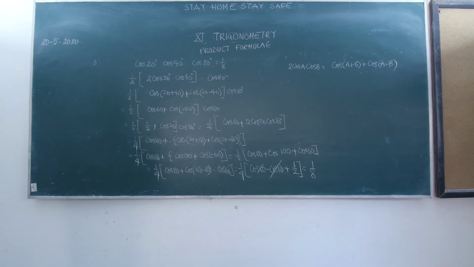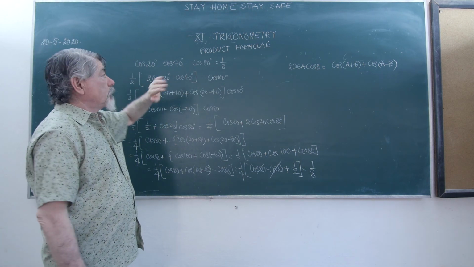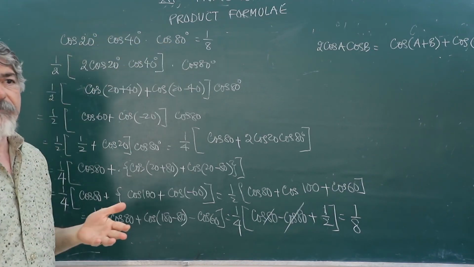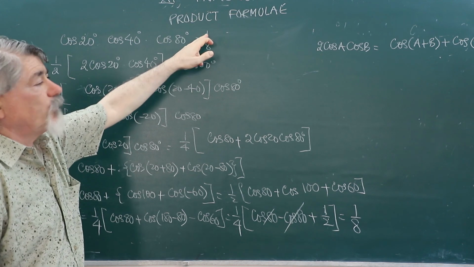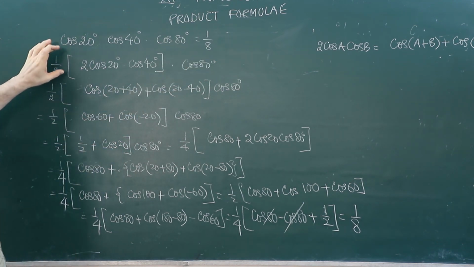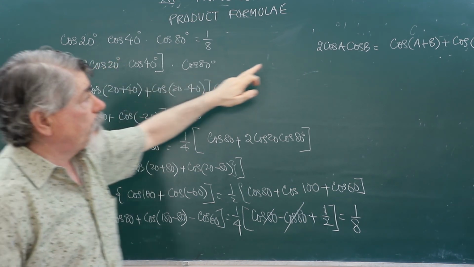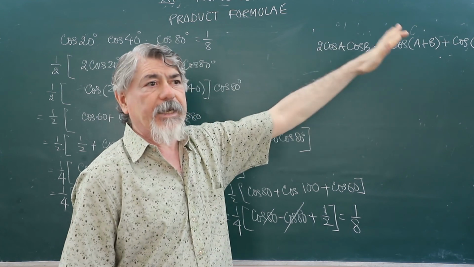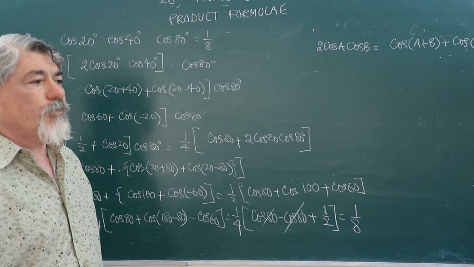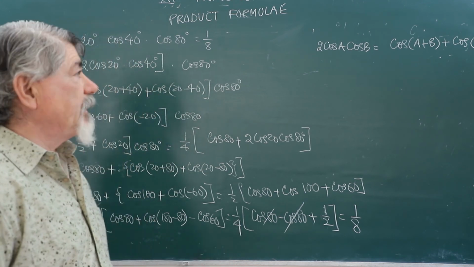In question number 1 we did sine 20, sine 40, sine 80. Now the question is cos 20, cos 40, cos 80, and we have to prove it equal to 1 upon 8. So what we are going to do is divide this by 2 and multiply it by 2, so I get the form 2 cos A cos B. So I can apply the formula of 2 cos A cos B, which was cos (A plus B) plus cos (A minus B).